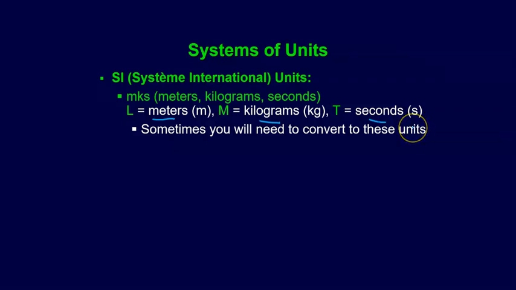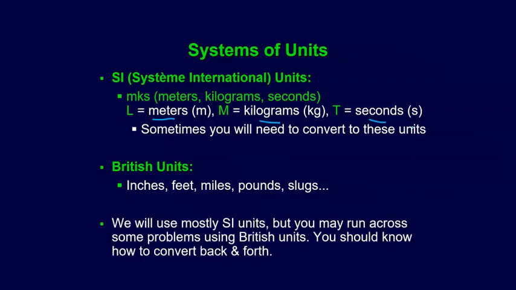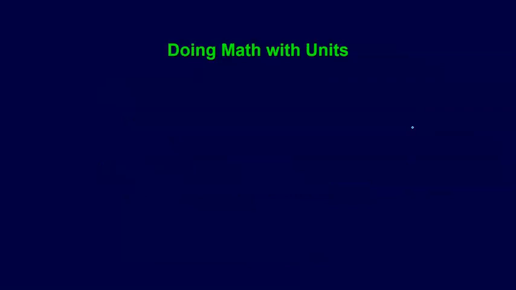Often you'll need to convert these units, because different organizations and different people use different units, and so the biggest brunt of our math will be converting units around. One popular one is the British units, which we use here in the United States a lot: inches, feet, miles, pounds. So again, we'll use the SI units, but we'll need to convert back and forth.